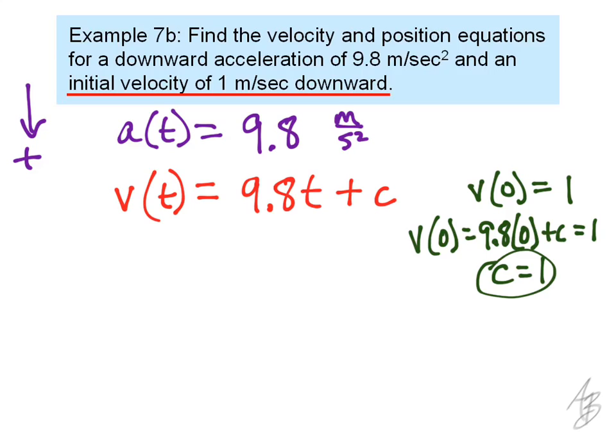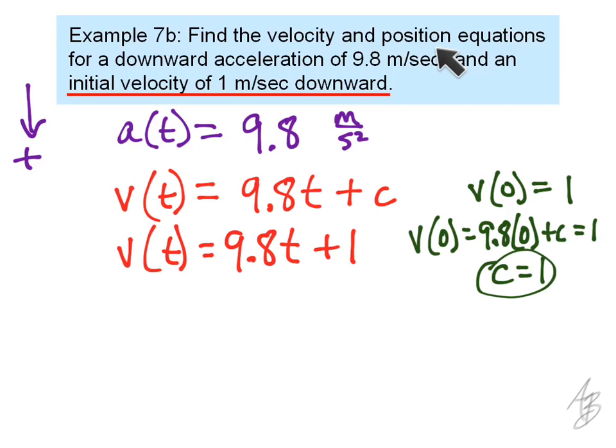So we got c equals 1 there, which means that our velocity function now is 9.8t plus 1. Does that make sense? Yes. Okay, Vimmel says yes. Does everybody else agree? Yes. All right. So now we have the velocity function.